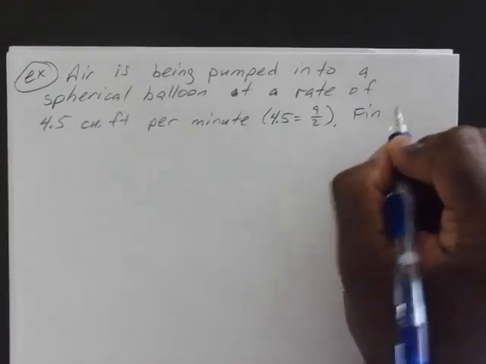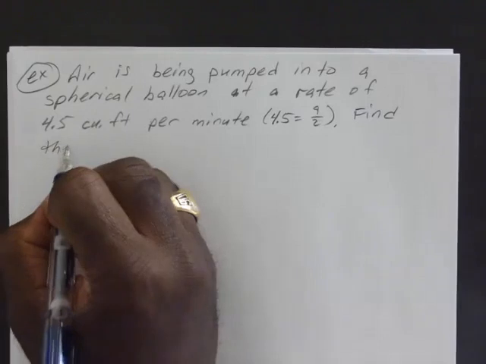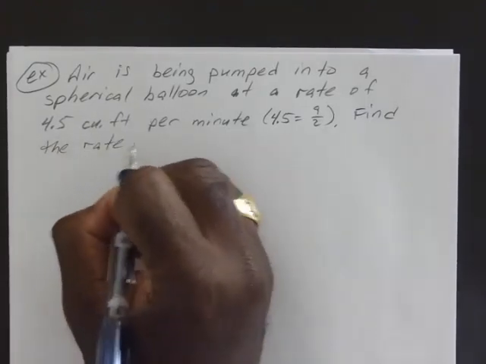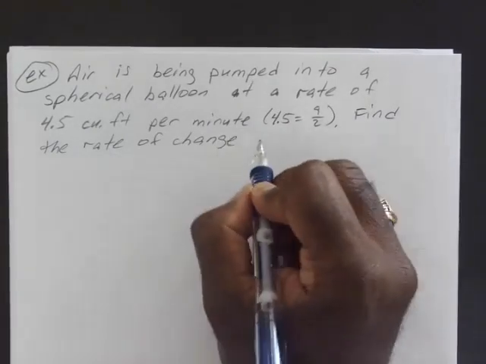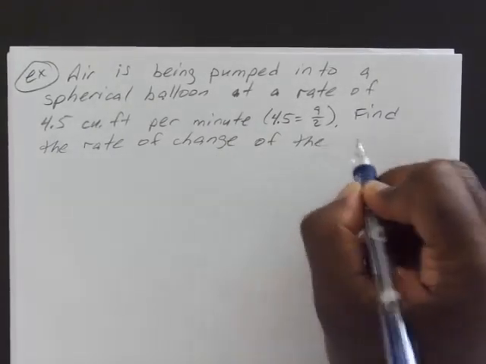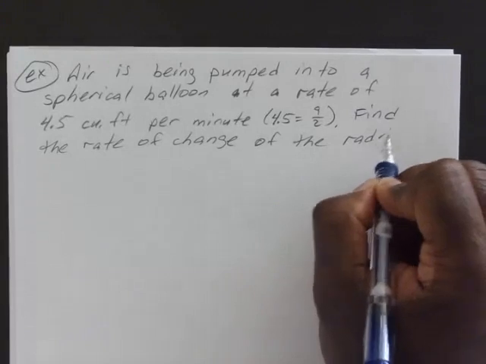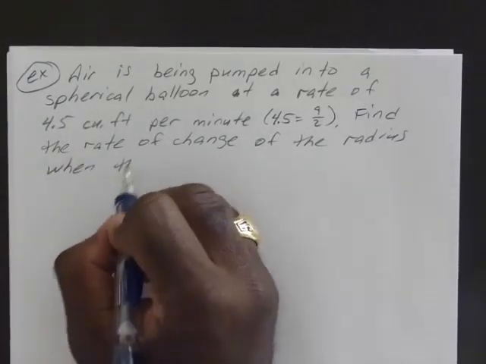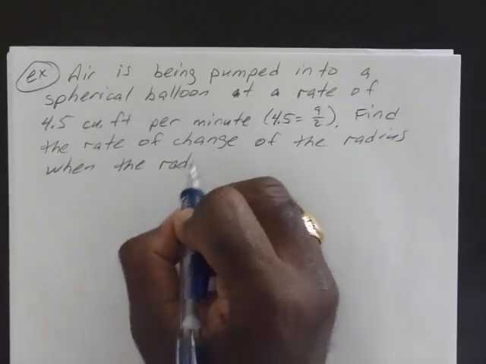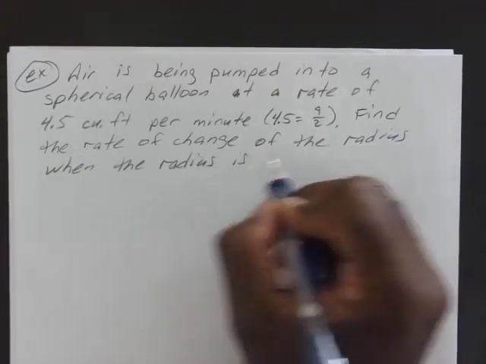Okay, so what if we want to find the rate of change of the radius when the radius is 2 feet?